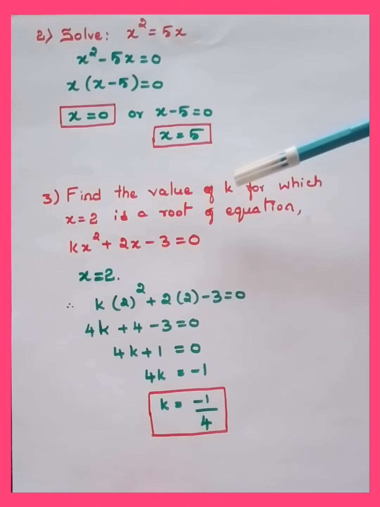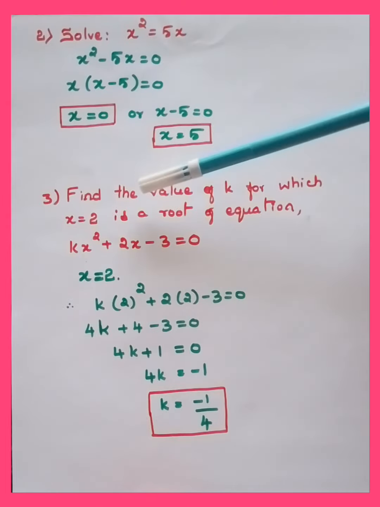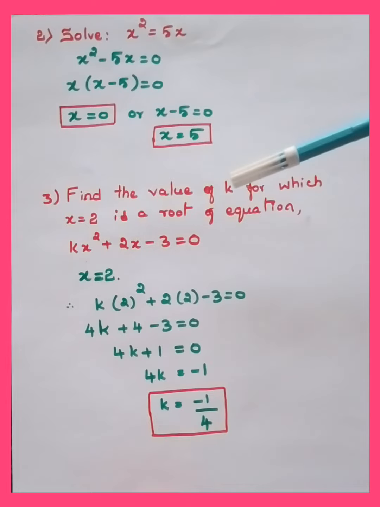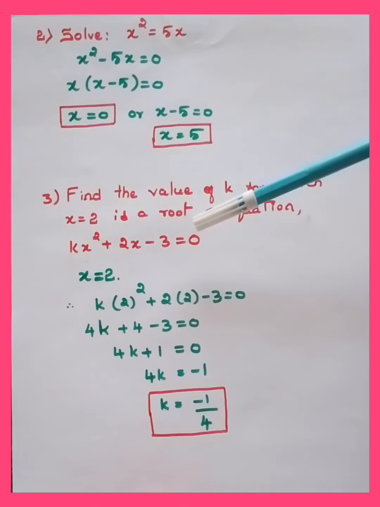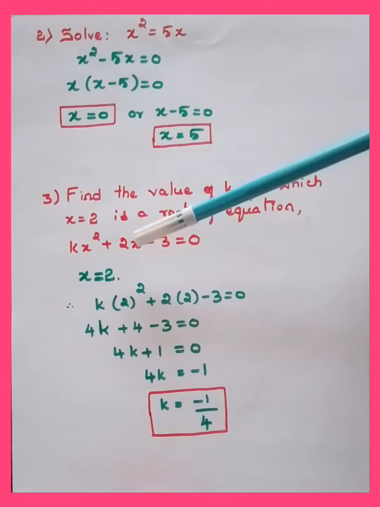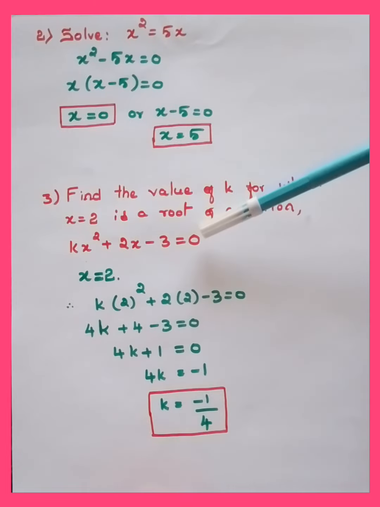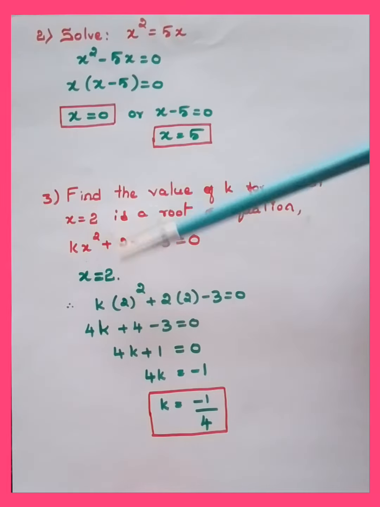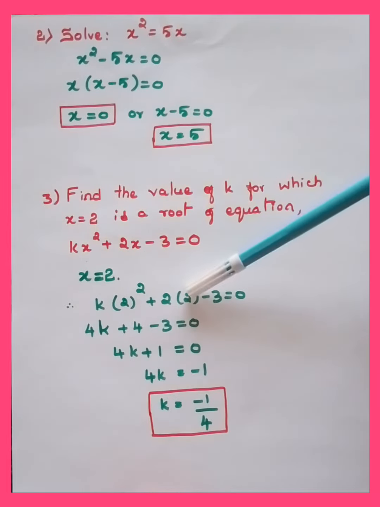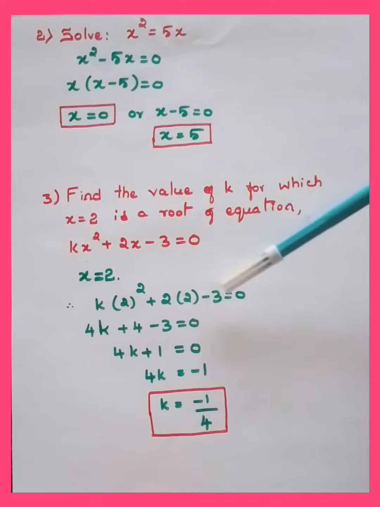Find the value of k for which x is equal to 2 is the root of the equation. So here they have given an equation kx square plus 2x minus 3 is equal to 0, and we know x is equal to 2. Substitute the value of x as 2 in this above equation. Hence we get k of 2 square plus 2 of 2 minus 3.